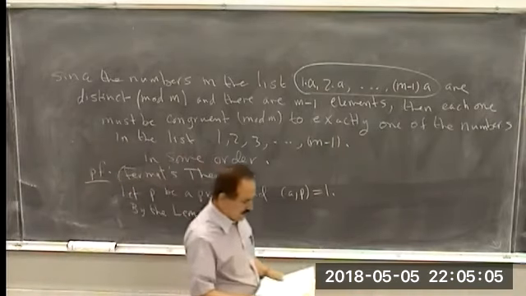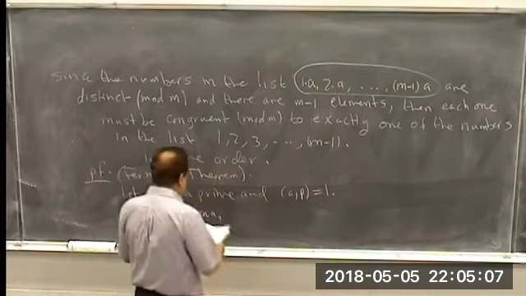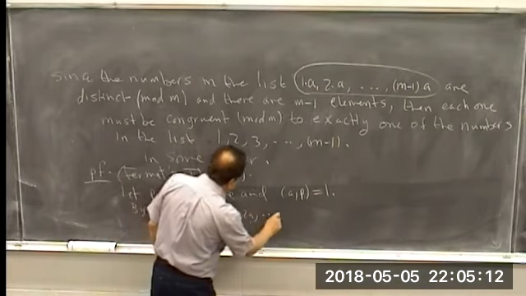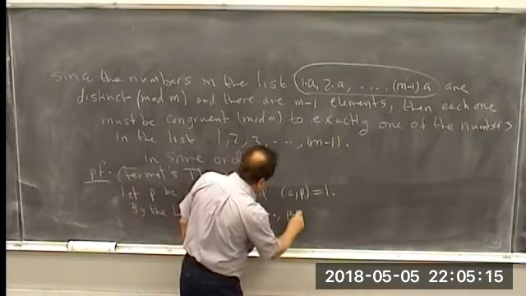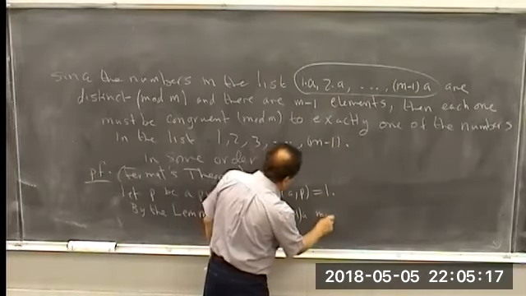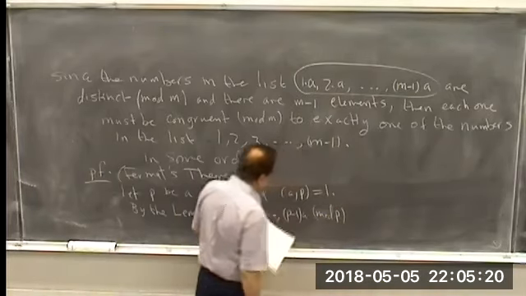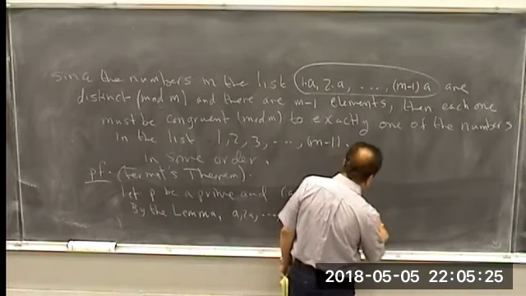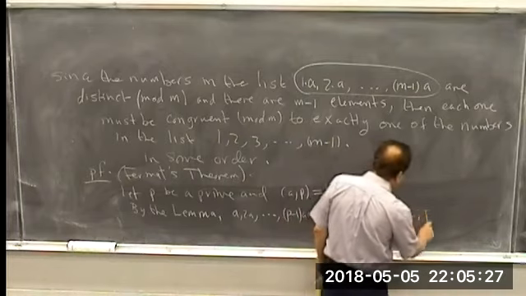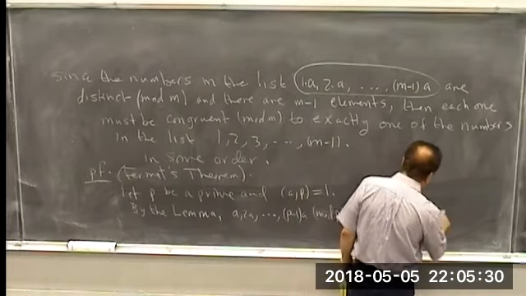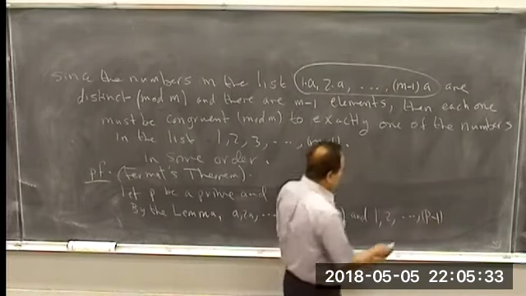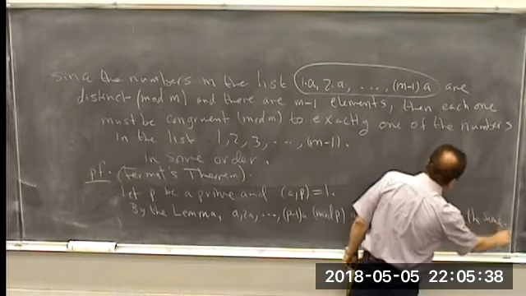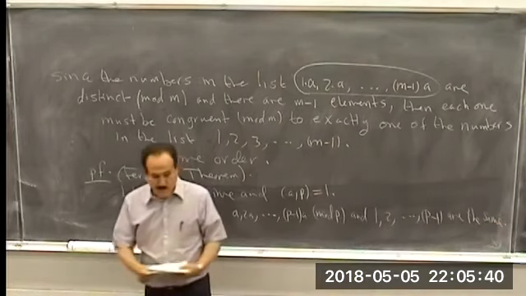Be a little more careful in here: a, 2a, up to (p minus 1)a, mod p, and this list 1, 2, up to p minus 1. We don't need mod in here because it's not going to change anything. They are the same. Now we're going to take their product.